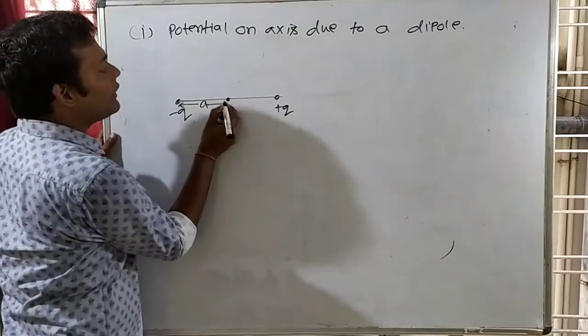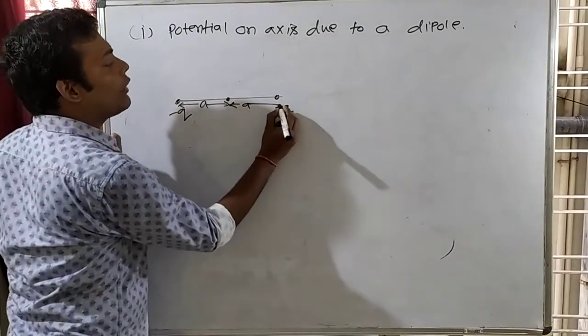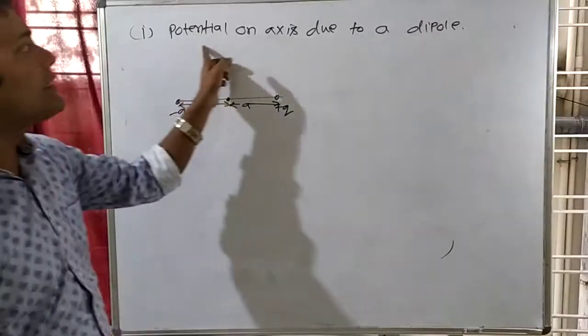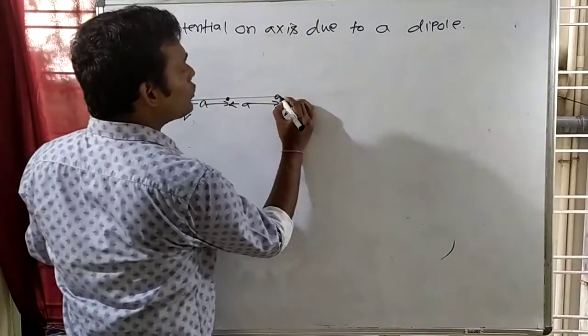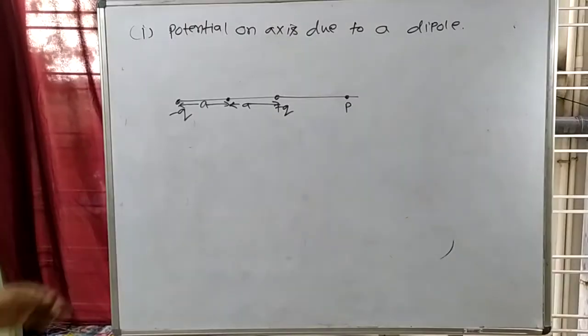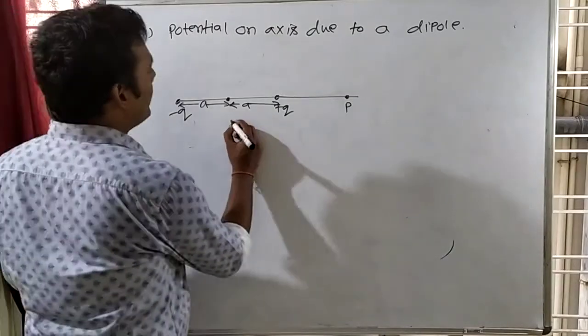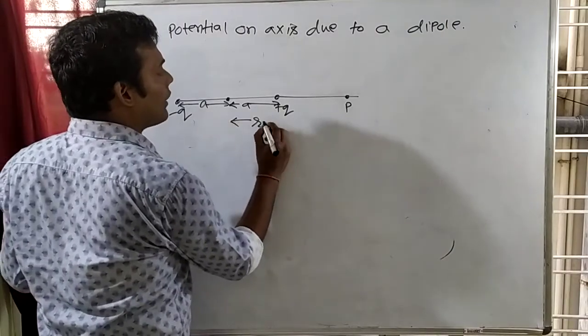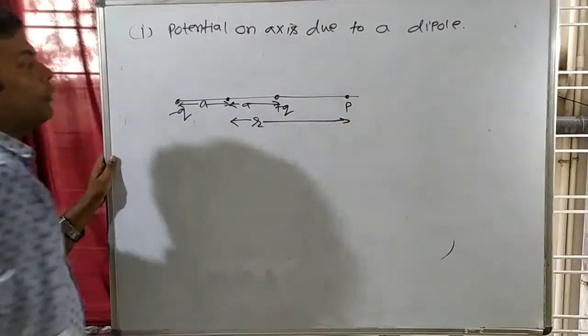On this axis take any point P, and let's say this point P is at a distance r from the center of the dipole.